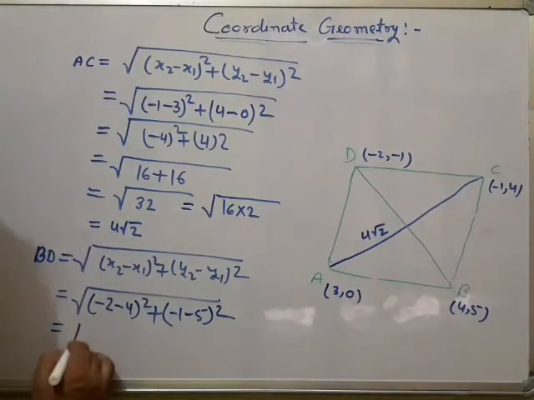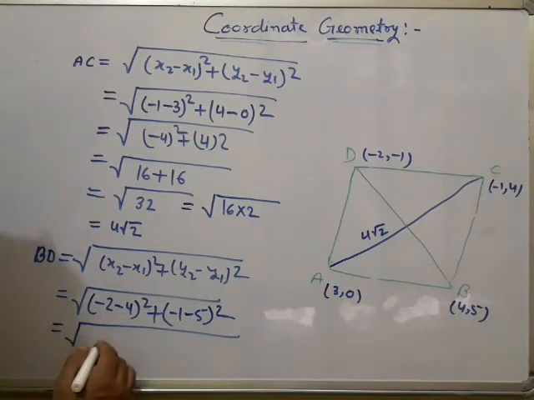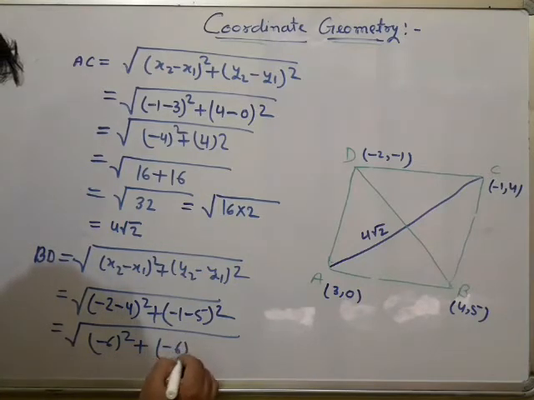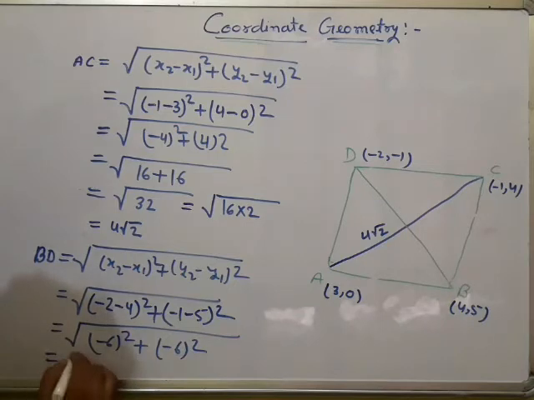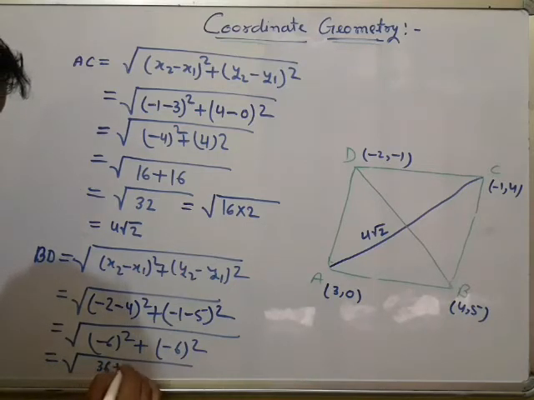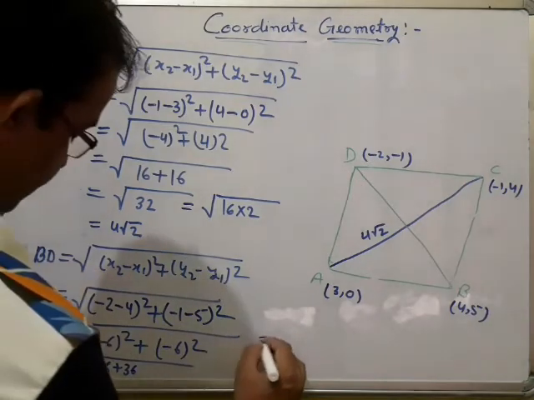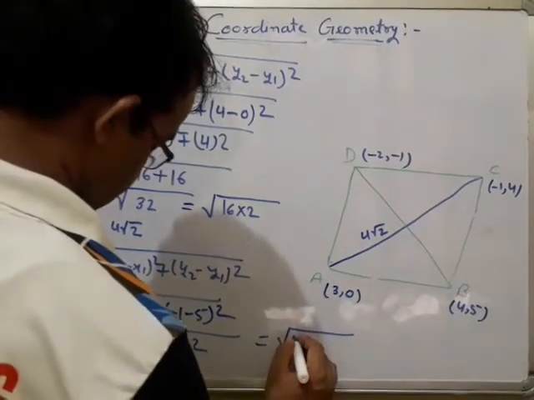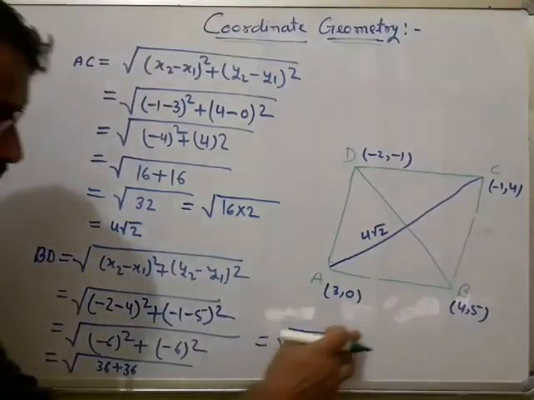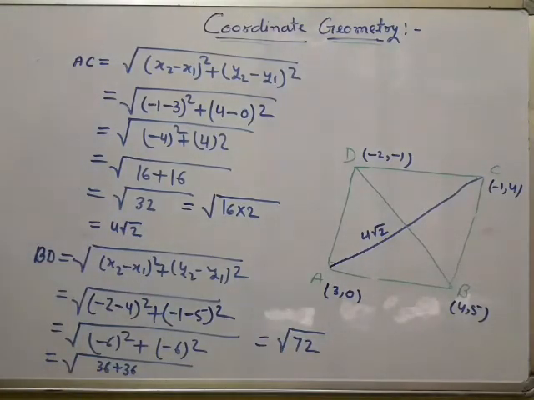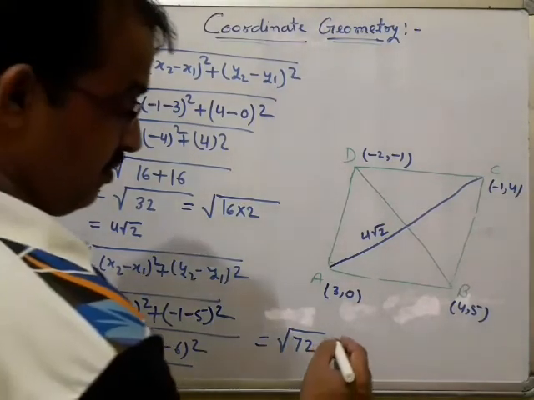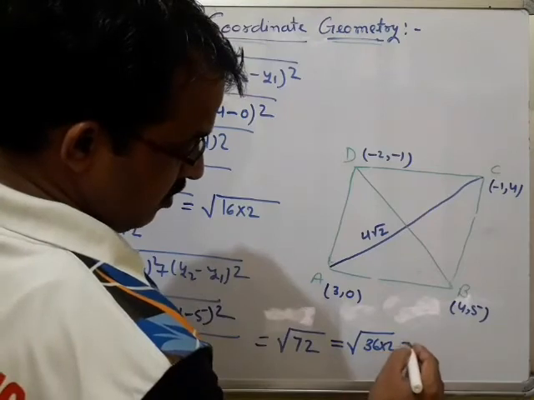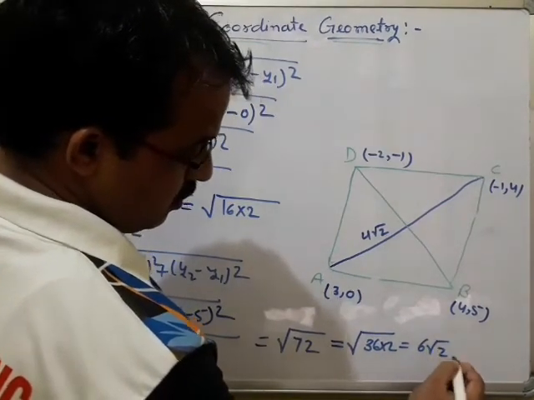So what we get here: both are minus, so minus 6 whole square and minus 6 whole square. 36 plus 36 we get 72, and 72 is 36 into 2, so this is 6 root 2.